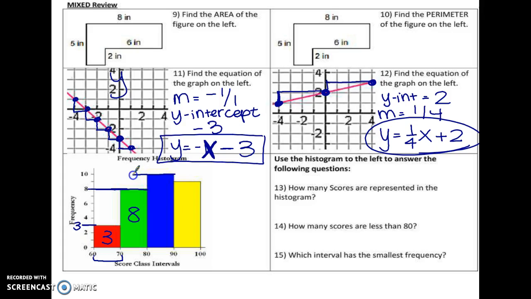There's 10. So there's 3, 8, 10, and then here there's 9. So how many scores are represented? There's a total of 3 plus 8 plus 10 plus 9, which gives you 30 scores.